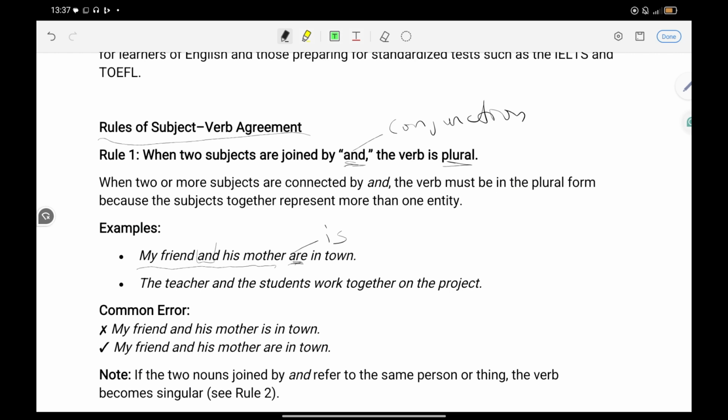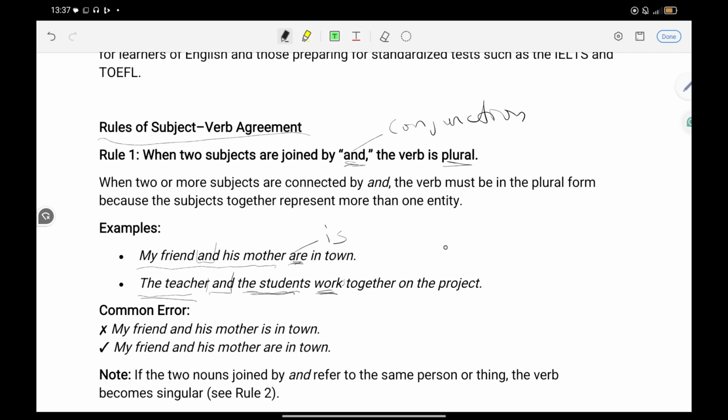The same here, the teacher and the students work together on the project. If it was just the teacher, it would have been works on the project. The teacher works on the project. The students is plural, so it will be work. But when you have the teacher and the students, it becomes work because remember what I said earlier.